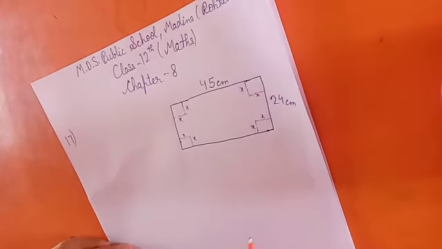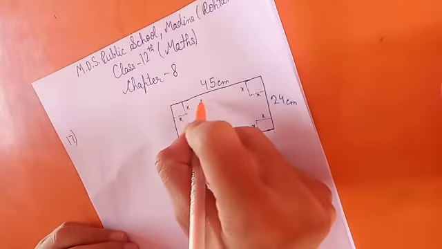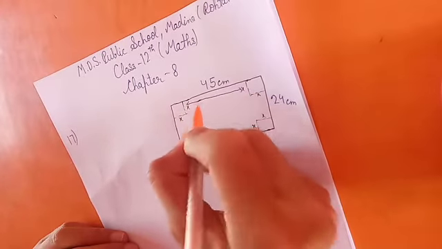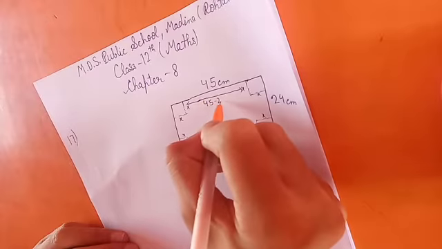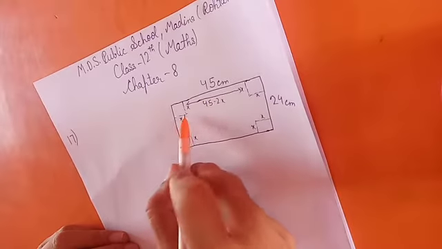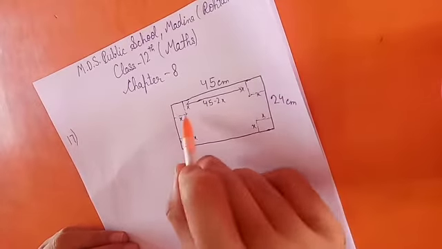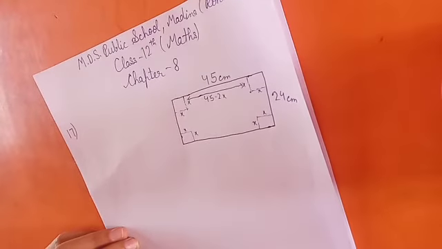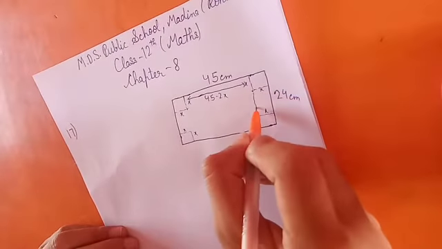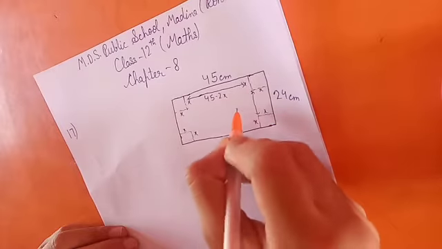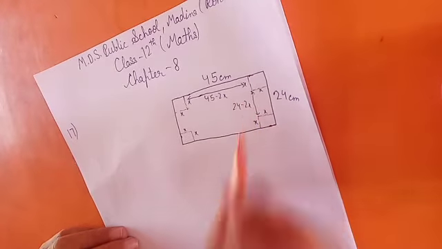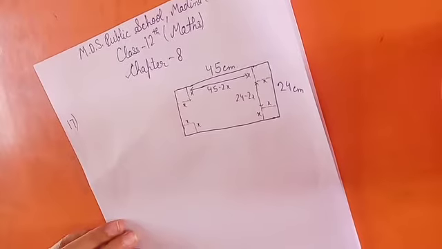Now what will be the remaining length? This remaining length will be 45 minus 2x, because x distance we have cut from here, x from here, so the remaining will be 45 minus 2x. Similarly, this will be 24 minus 2x, x distance from here, x from here, so it is 24 minus 2x.